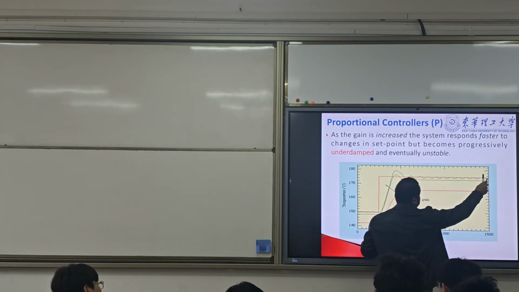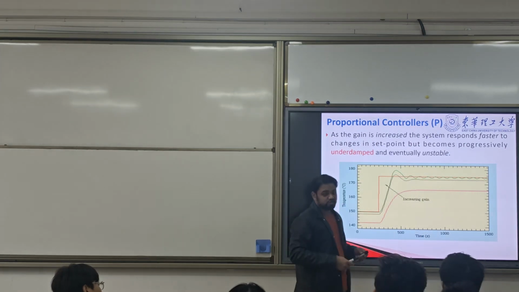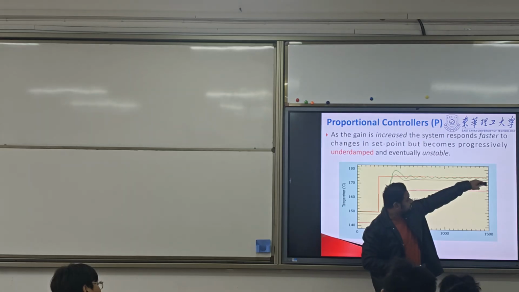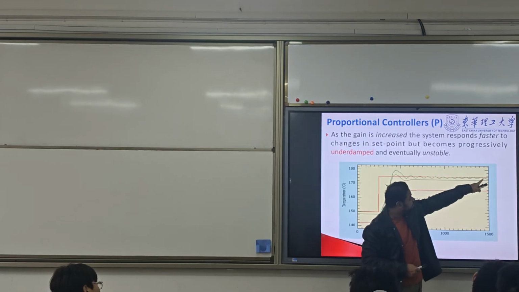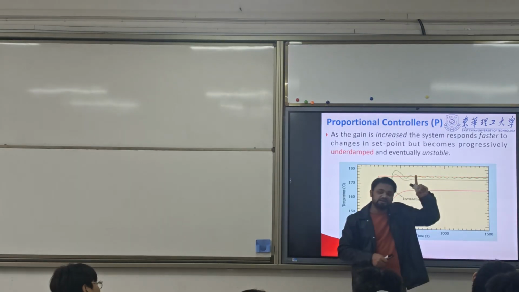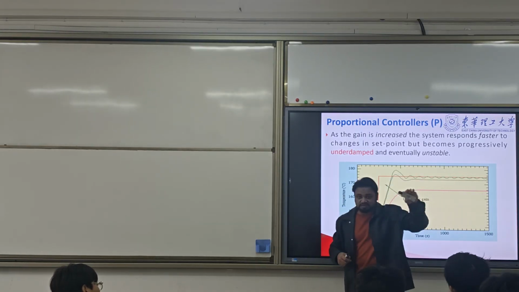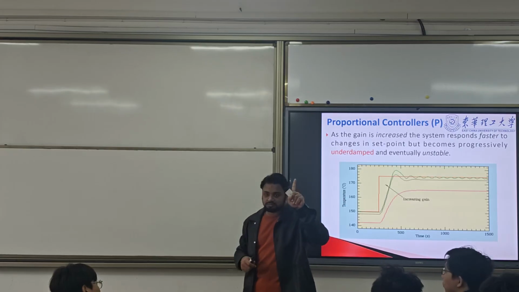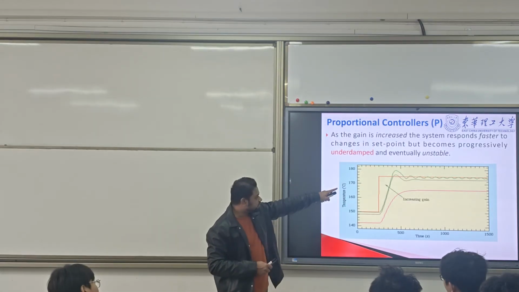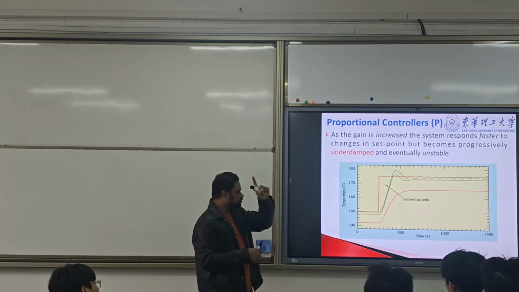No matter where it is, higher or lower in the output, eventually it will reach this point. We need that because we need unity gain: output by input, 1. So input and output reach a single point.